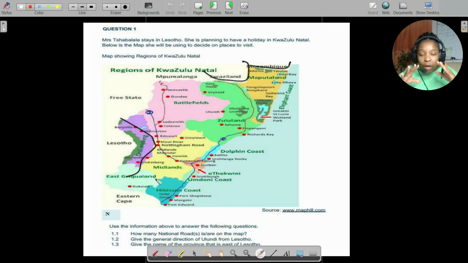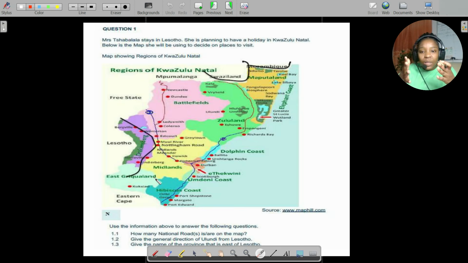So when you're looking at a map, you need to be able to pinpoint these things. Be able to work with this compass to answer the map questions that are given to you. Be able to identify, are there roads on this map? If there are, what type of roads are they? If you're working with a national or provincial road map, what are they most likely going to ask you about?